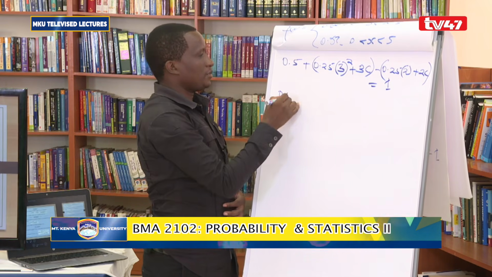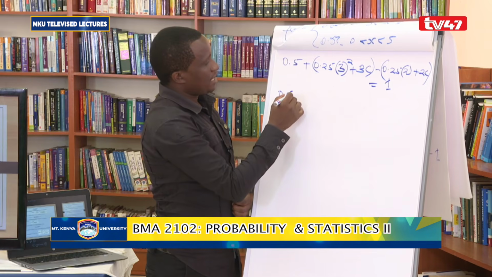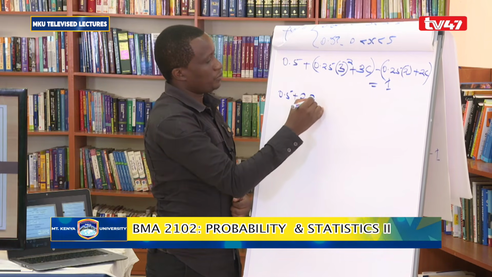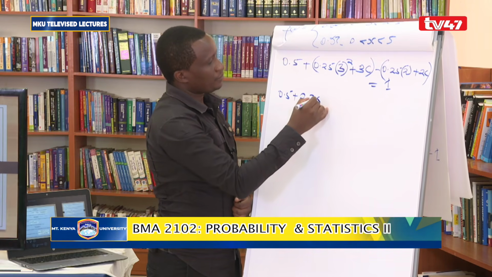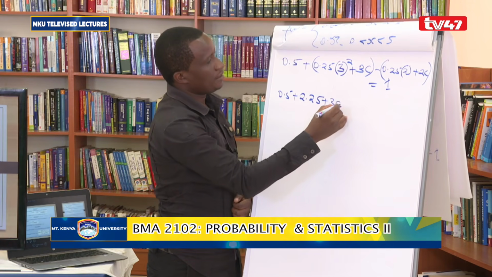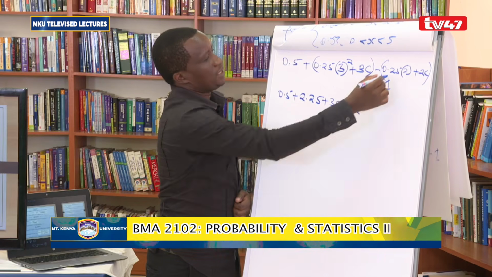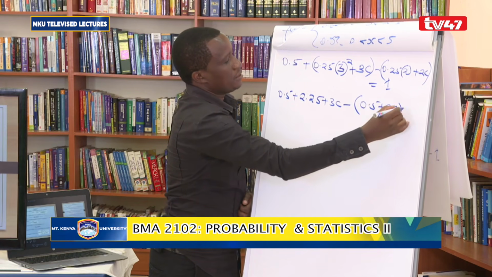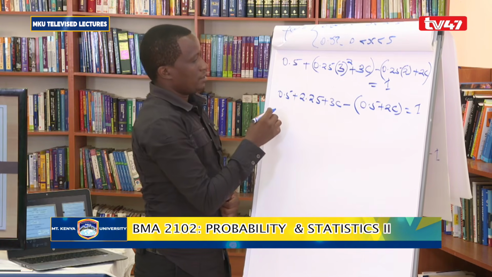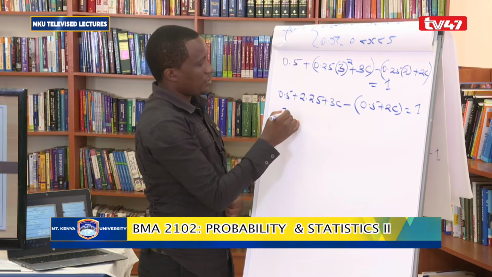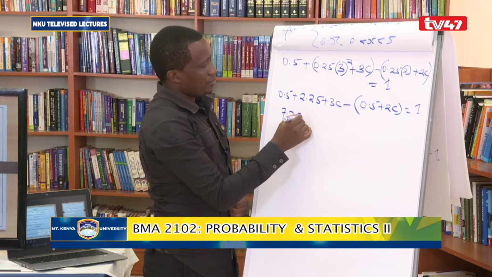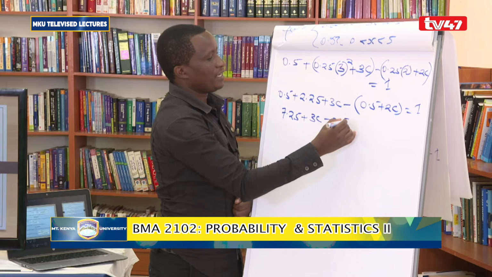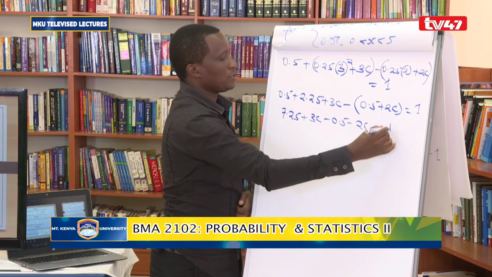So that's 0.5. This is 9 times 0.25, which is 2.25, plus 3c minus 0.5 plus 2c, equals 1. And this is 7.25 plus 3c minus 0.5 minus 2c equals 1.